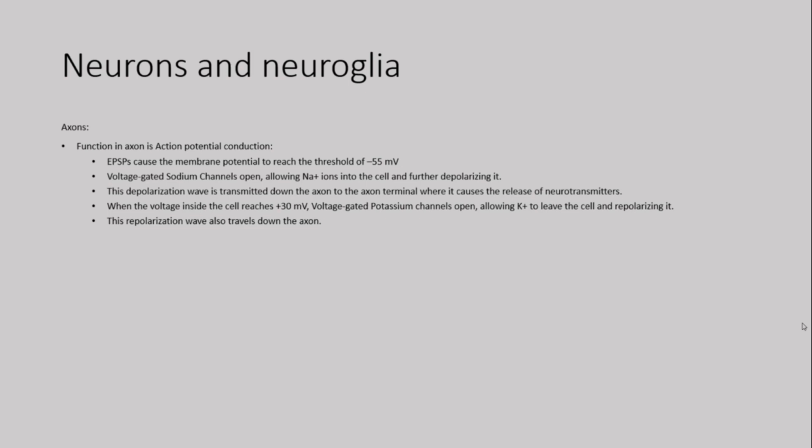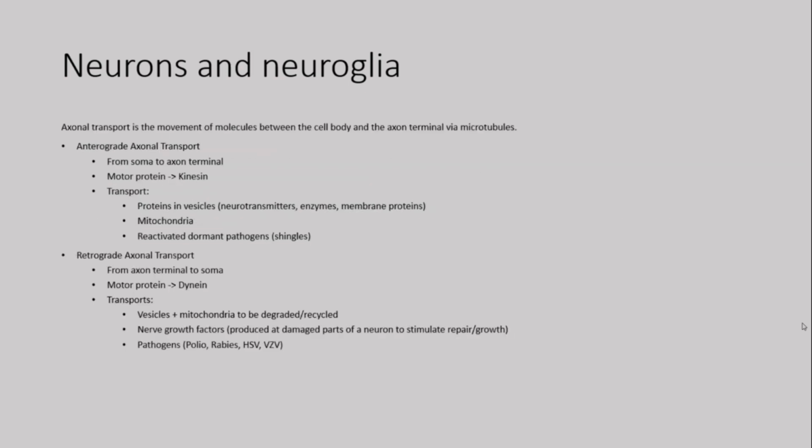When we reach plus 30 millivolts, this will activate the voltage-gated potassium channels, and then potassium will efflux, so it will leave the cell, and when it leaves the cell, it will make the cell more negatively charged. It will repolarize the cell, and these waves, whether the depolarization wave or repolarization wave, travel from the axon hillock towards the axon terminal, right?